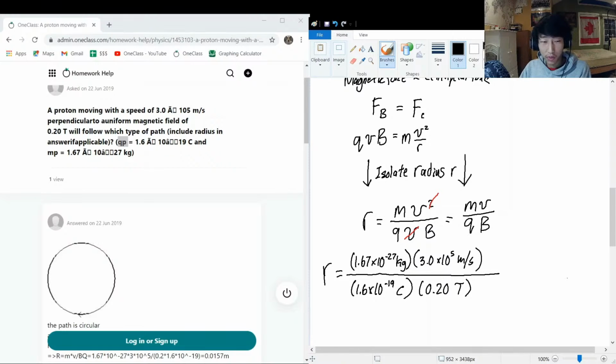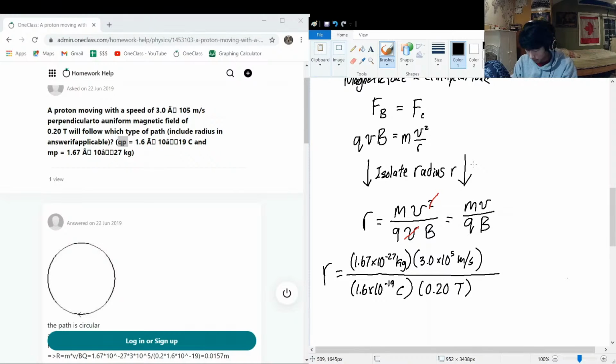Okay, so we just need to calculate this fast. Let me grab my calculator. Boom, my TI-84 calculator. It's an excellent calculator if you're doing some advanced math.